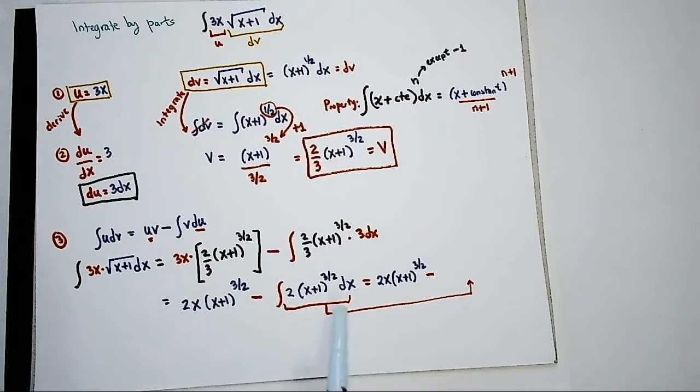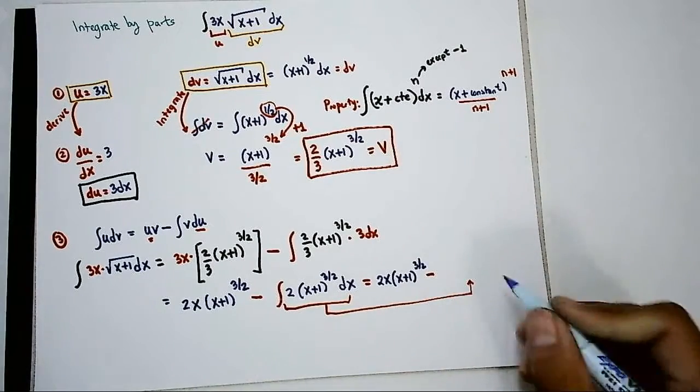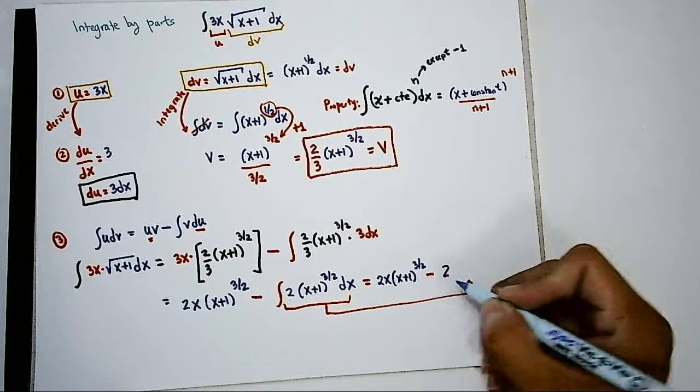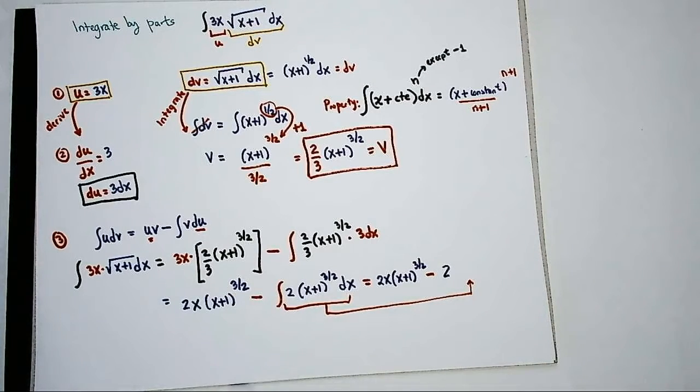But as you can see here, this actually is feasible using this property. Think of this as x to the 3 halves. The integral of x to the 3 halves is x to the 3 halves plus 1, which is 5 halves. So x to the 5 halves divided by 5 halves.